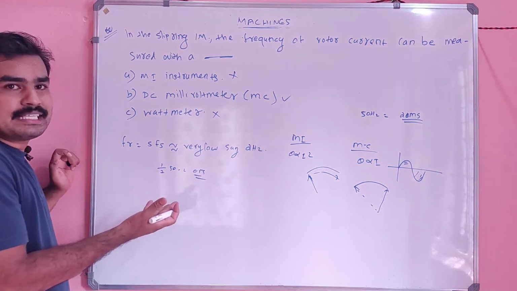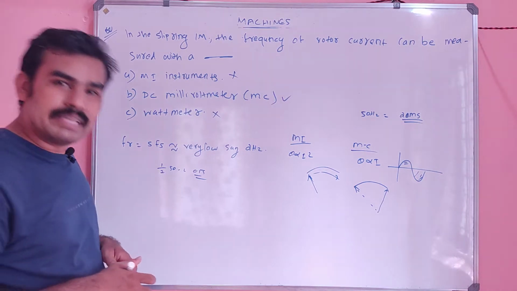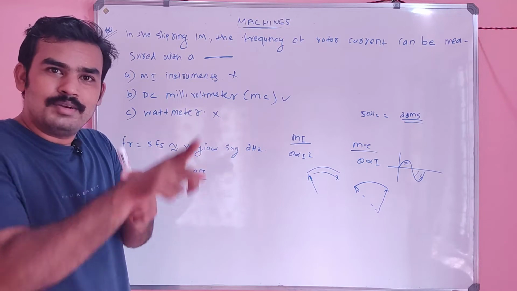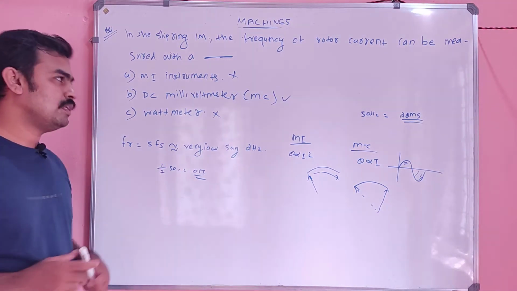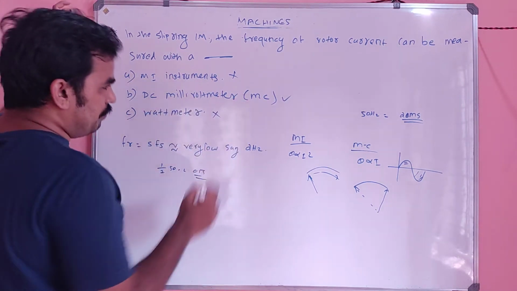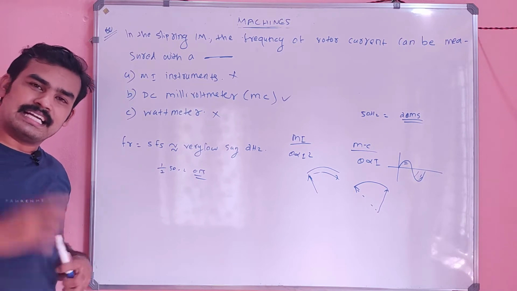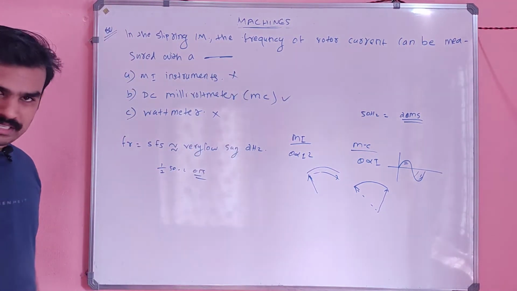That's not that small a value, right? So we can easily measure the frequency. So the moving coil type DC milli voltmeter is the correct instrument which can be used to measure the rotor frequency.